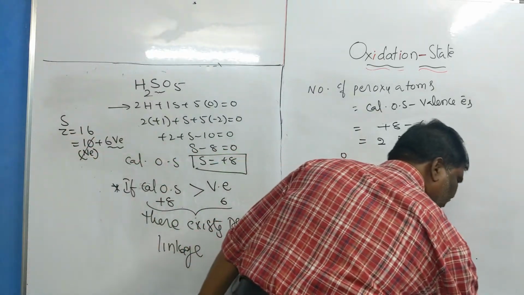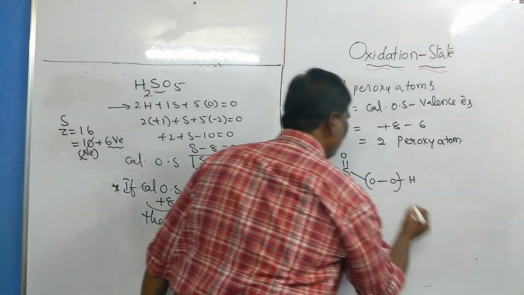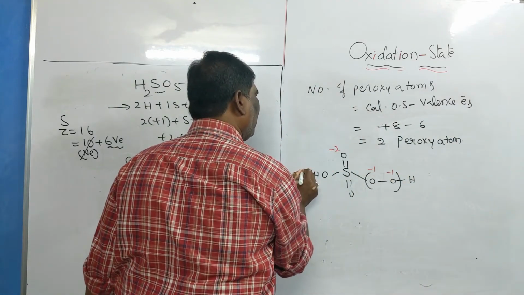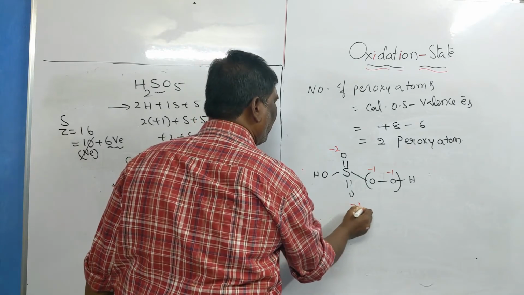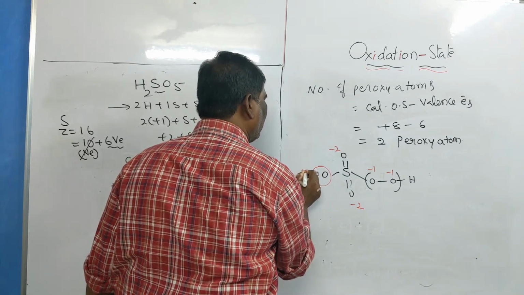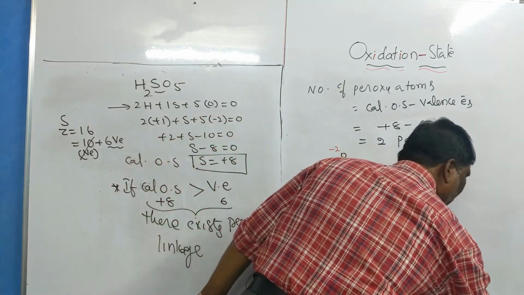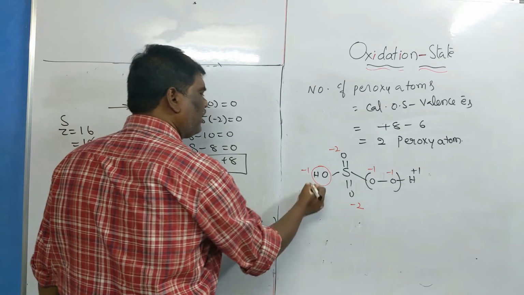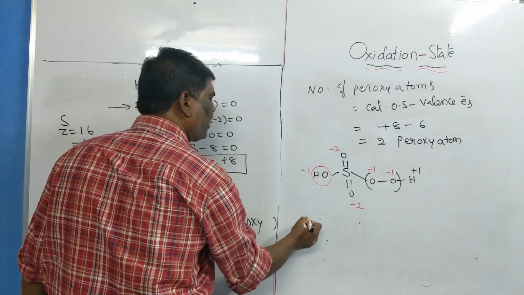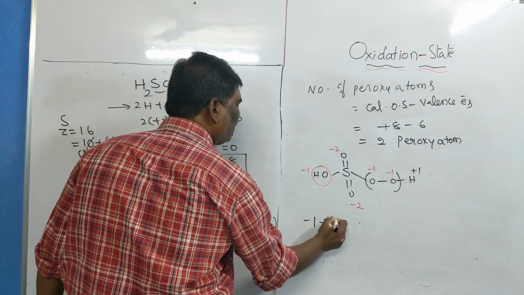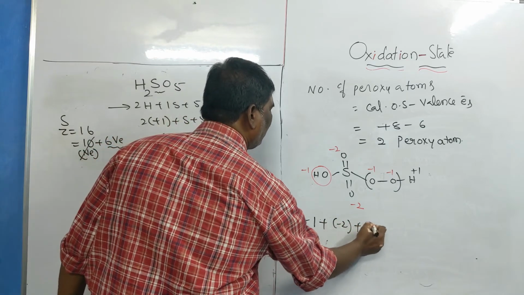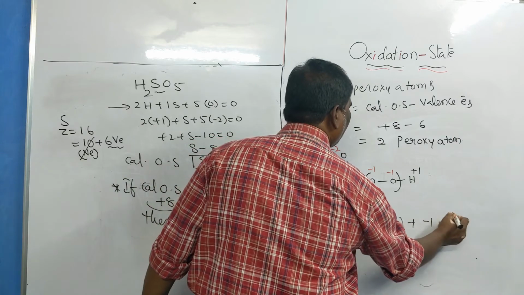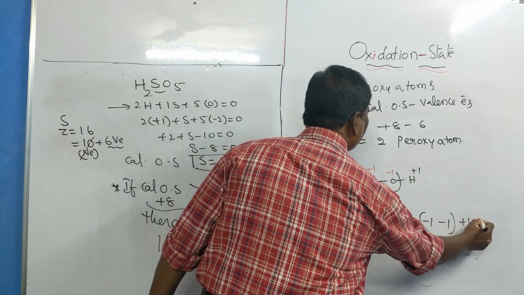Now peroxy atoms are given -1 only, whereas general oxygens are given -2. OH is collectively -1. Now you calculate the oxidation state of this one. Hydrogen is +1. Now calculate: -1 plus -2 plus sulfur -2 -1 -1 and finally +1 equal to 0.